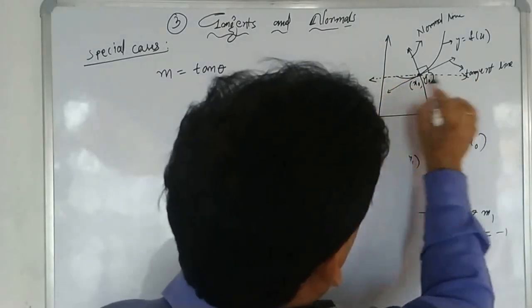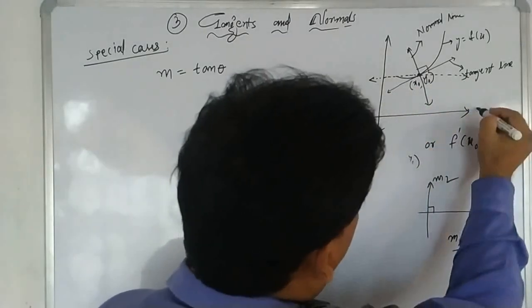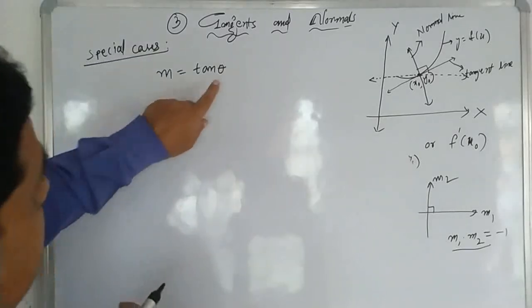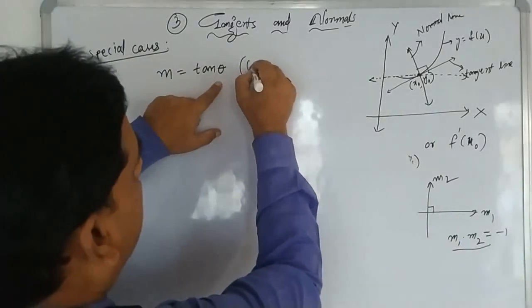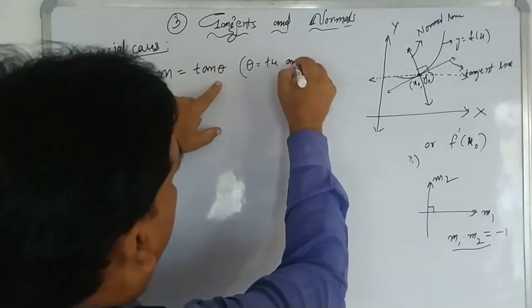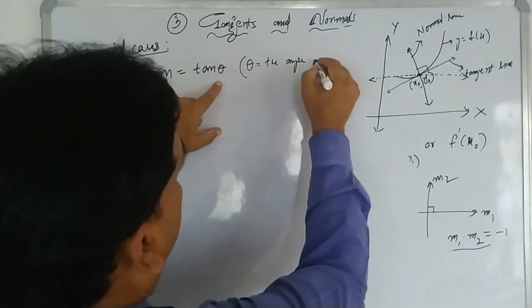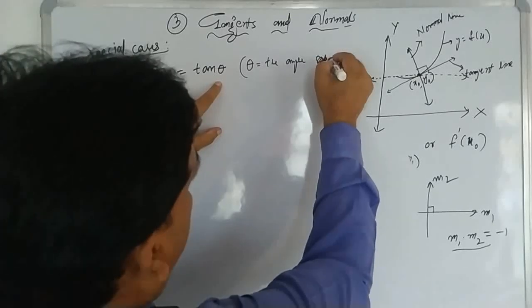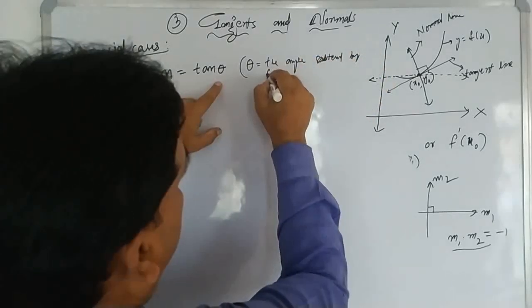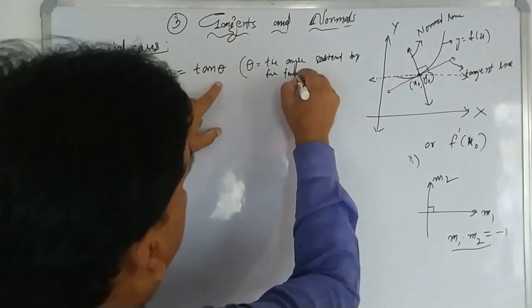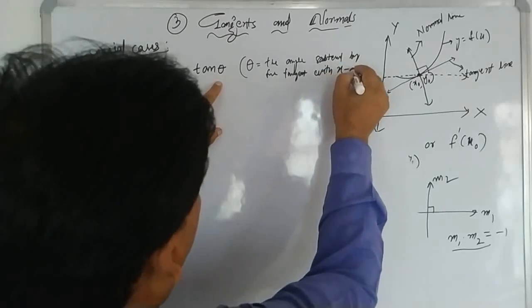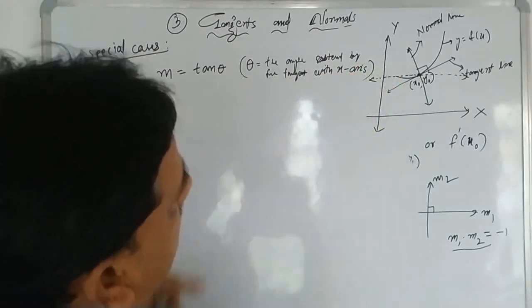Let this line be parallel to the x-axis. Then what is theta here? Theta is the angle subtended by the tangent with the x-axis.